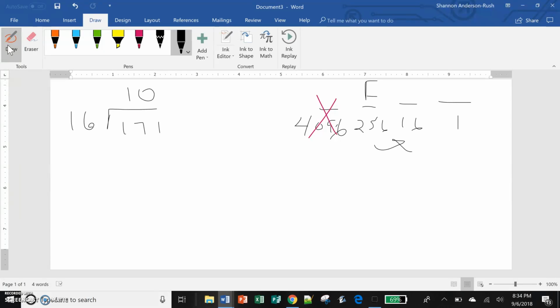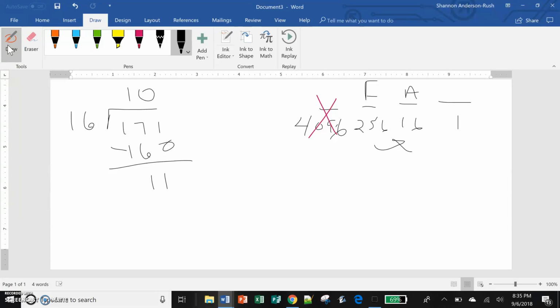So the 10 goes over the 16. I can't put 10, so what is the letter equivalent of 10? Well, that is an A. Now I have to multiply A times 16, or 10 times 16, to see how much of the 171 I've used. I have used 160. So I do the subtraction.